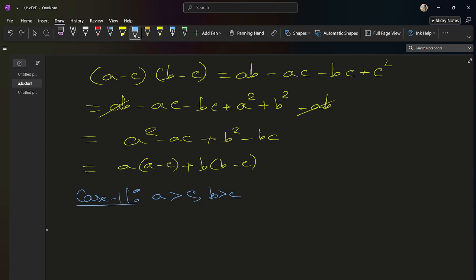Then easily we can say that a minus c is greater than 0 and b minus c is greater than 0. As a and b are greater than 0, the total expression will be greater than 0. So that is not a possible case here, and this case will be ruled out.